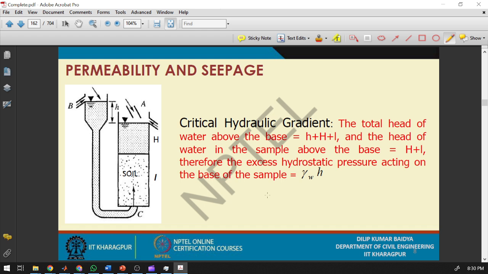Critical hydraulic gradient. You have to know that, for example, you have a soil deposit and water is acting from above.